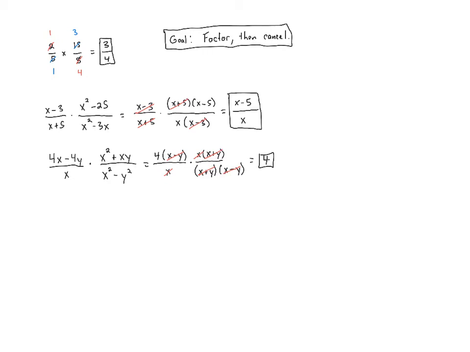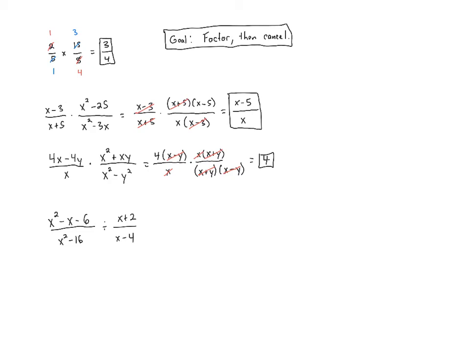Now that we've looked at multiplication, I want to look at one division problem. Let's do x squared minus x minus 6 over x squared minus 16 divided by x plus 2 over x minus 4.